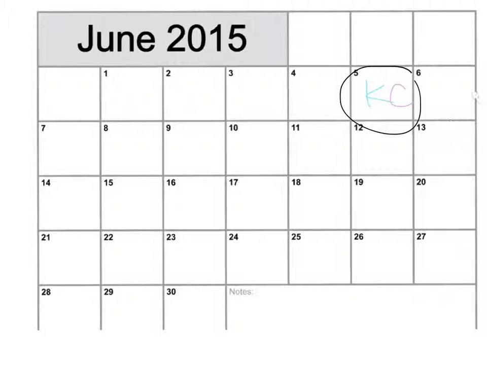So we're going to start on this day, and we're going to count 4 days for every time Kenny goes to Oak Road. 1, 2, 3, 4. Now again. 1, 2, 3, 4. Now pause this video and figure out the rest of the days Kenny is going to show up at Oak Road.